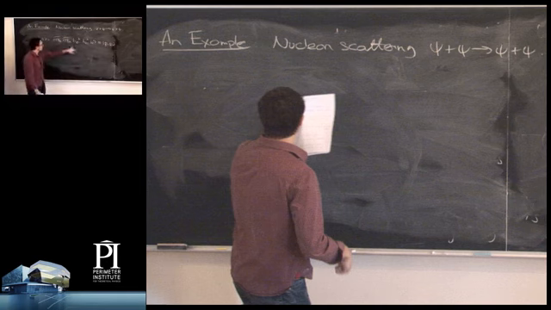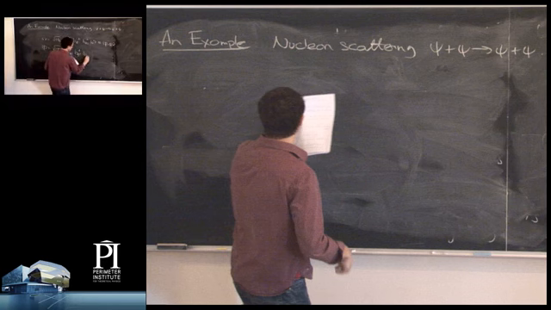I act with two creation operators for the psi particles, they're the B's, and these are the relativistic factors that I have to put in for normalization. The final state is also going to be two nucleons, but we're interested in some scattering process.